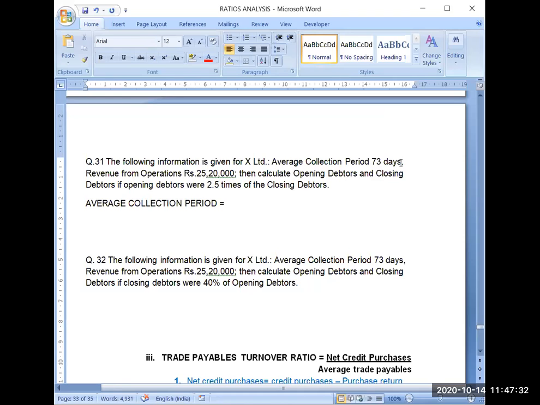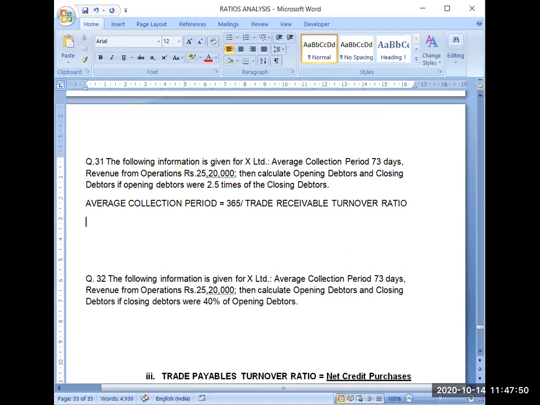So I will write the formula for days here only. 365 upon trade receivable turnover ratio. This is the formula of average collection period. And average collection period is given 73 days. So I will write here 73 is equal to 365. I should copy it so that it will save our time.